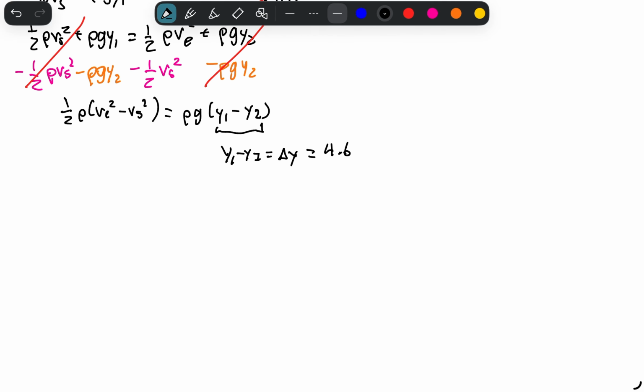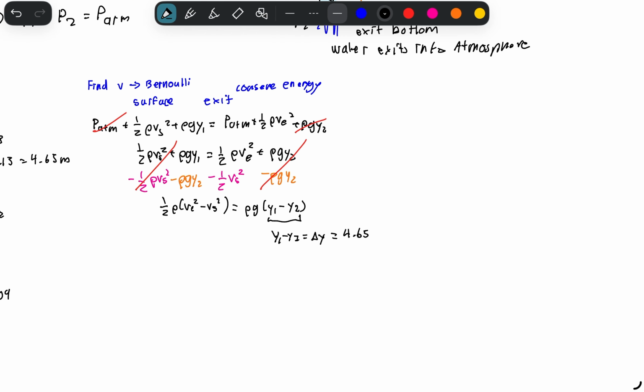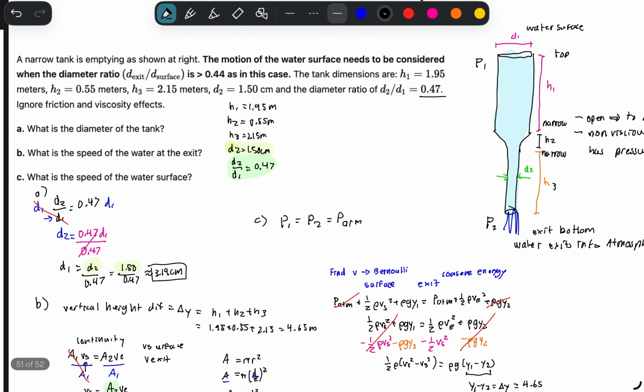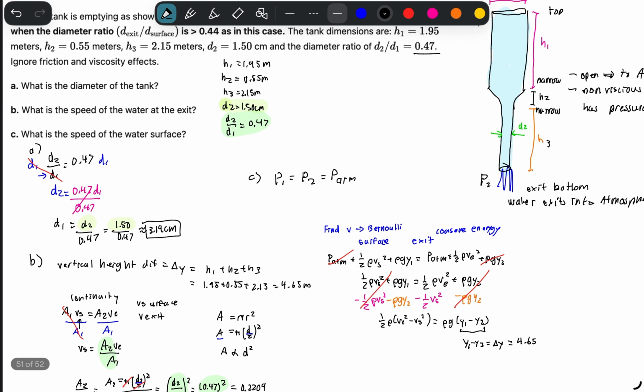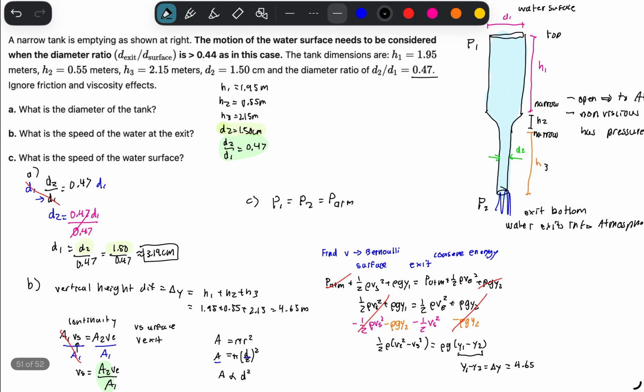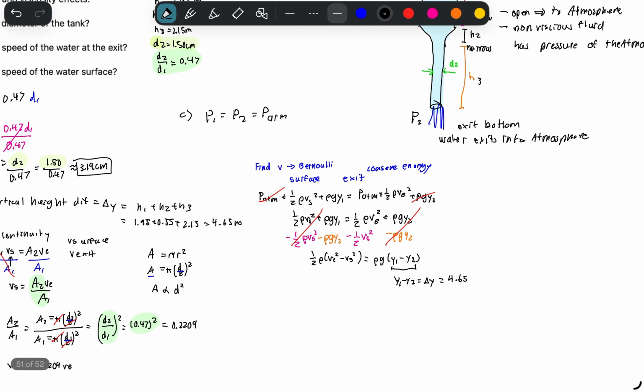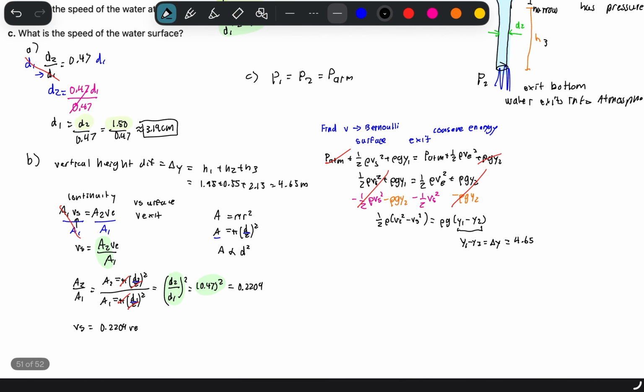This is equal to 4.65, because we have our heights here, and we can see that the change is 4.65 over here. So that was the vertical height difference.